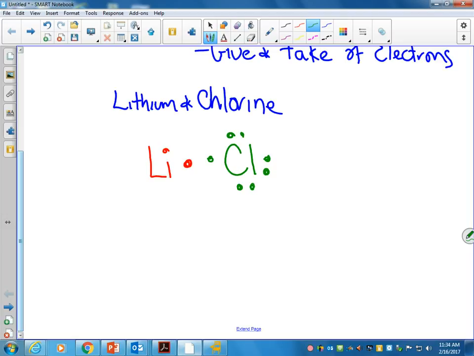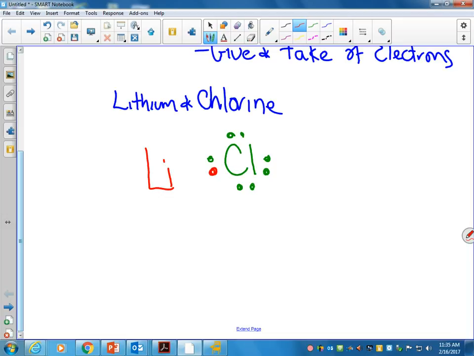You guys okay? Now, this is a give and take relationship, right? That's what we said. This electron partners up. Now I'm going to do something here. Lithium gives its electron over to chlorine. This is great. Chlorine thinks it has a full valence shell, right?